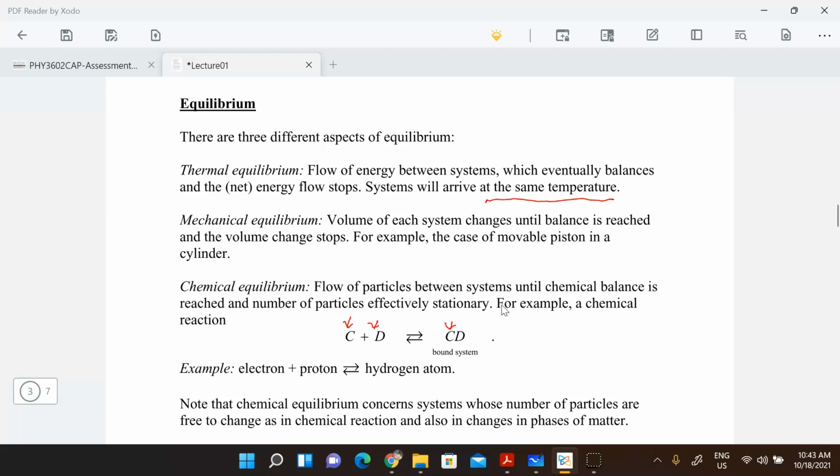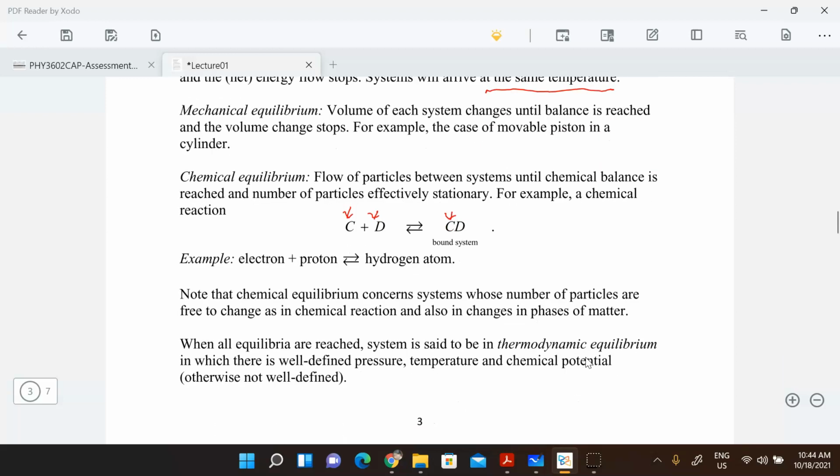Okay, so an example is you put an electron and proton in plasma, for example. You can find hydrogen atoms forming on and off, just like in the sun, for example. Now besides chemical reaction, we can also talk about changes in phases of matter.